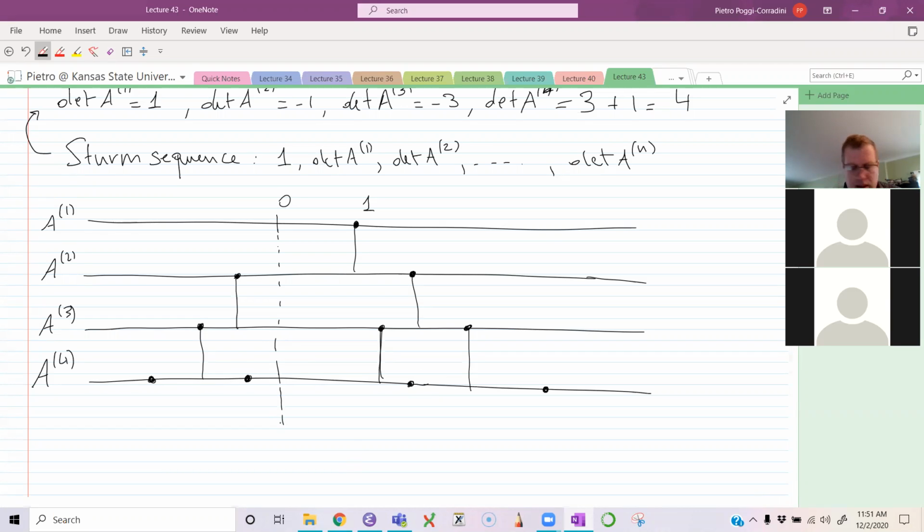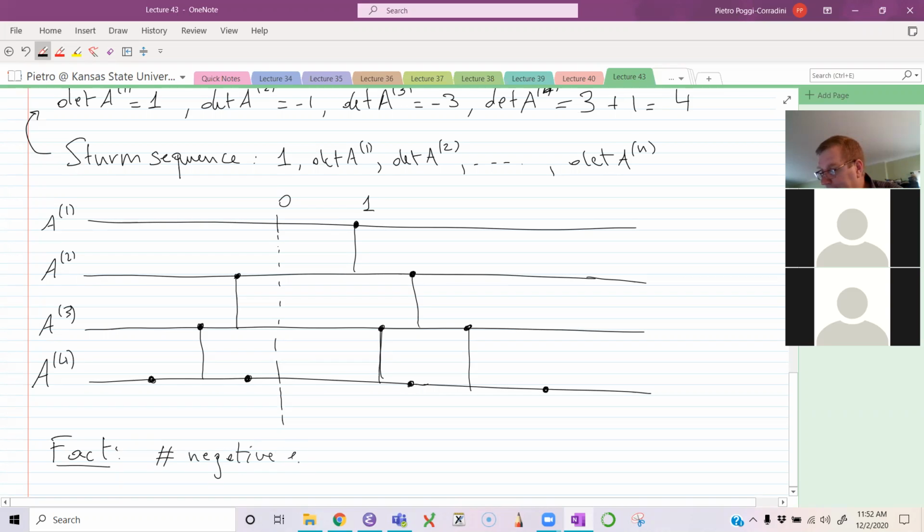All right. So it's a fact because of this that the number of negative eigenvalues equals the number of sign changes in the Sturm sequence.